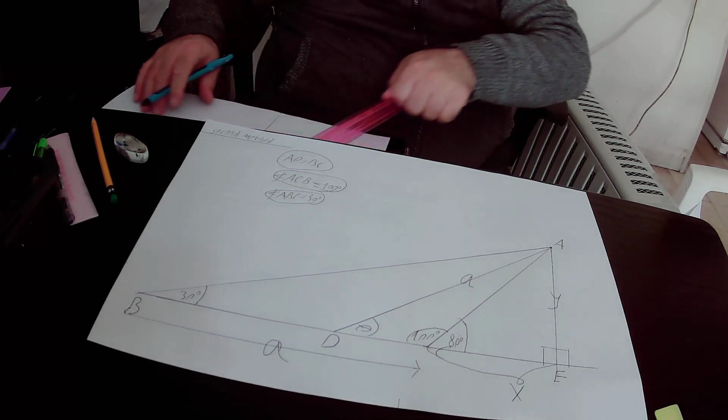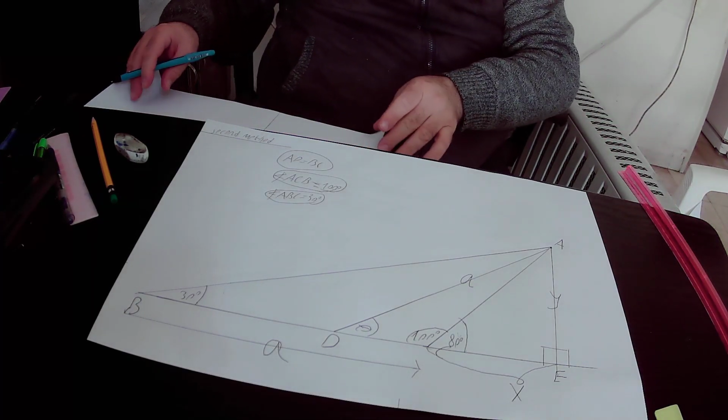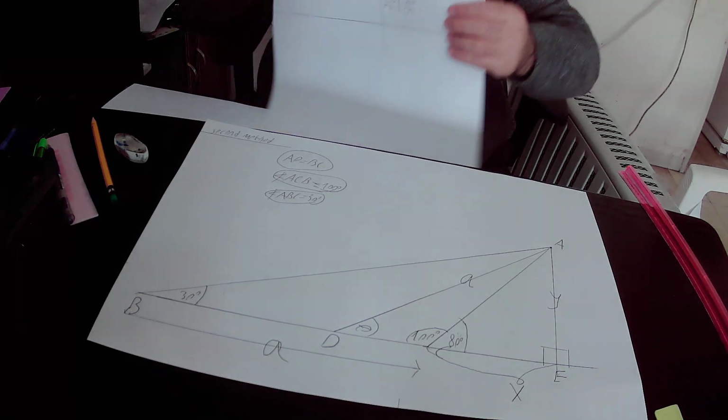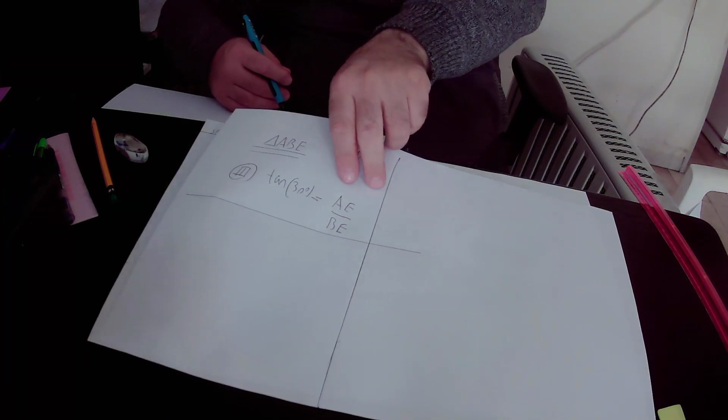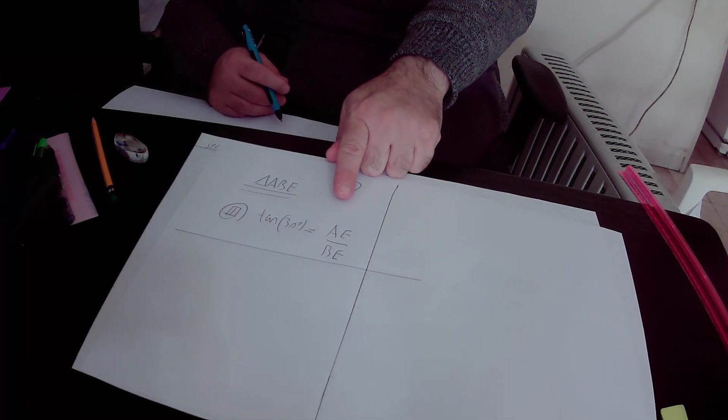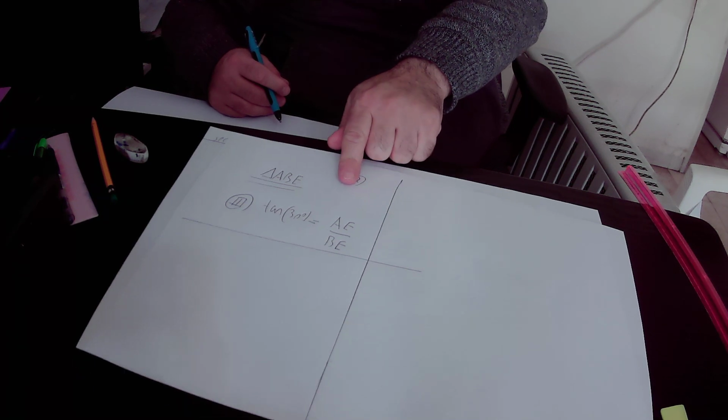I repeat again, on the right triangle ABE, we know that tangent 30 degrees equals AE over BE.